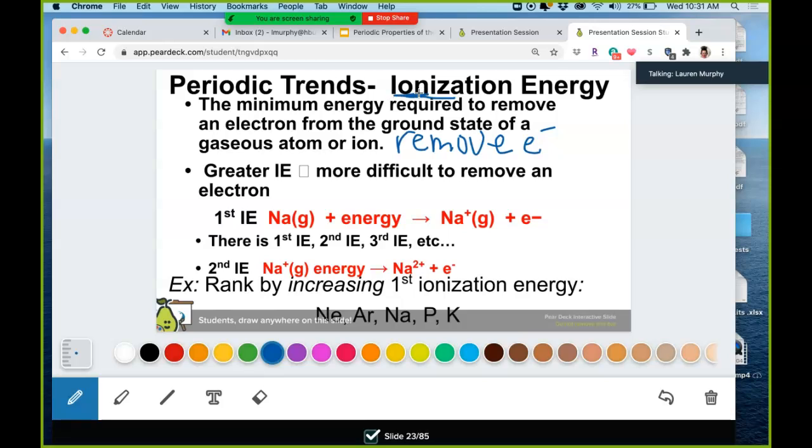Specifically, you create a cation. Getting rid of negative makes you more positive. So what you have to do for this, and this is where kids really struggle, is remember what it means to remove an electron. If something has high ionization energy, that means it's difficult to remove an electron.